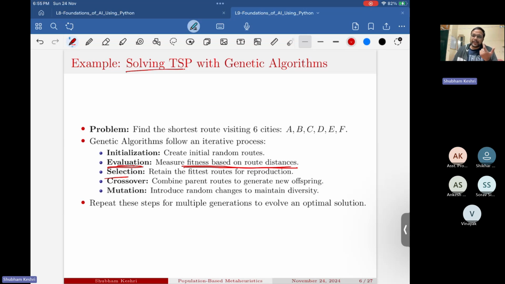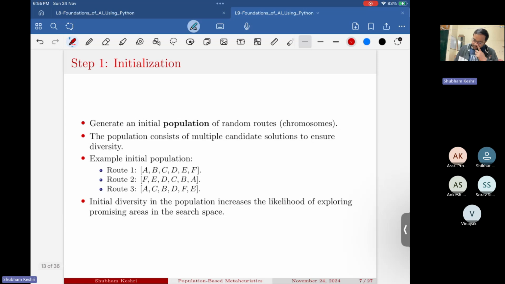It will tell you how good that individual is. So when I say evaluation, it measures fitness. So how good is that individual? What is the fitness of that individual? Okay, selection, crossover, mutation. So over here we are initializing one population of, suppose, 3 routes.